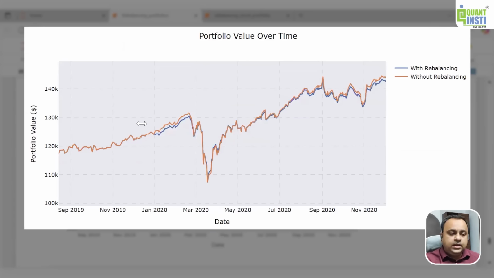Now you may be wondering, if there has been such a sharp fall, a rebalanced portfolio should have done well because we will not be so much allocated to equity. But that is not the truth. The truth is that during that period of time, all asset classes became highly correlated to each other and even bonds fell significantly, which is why both our rebalanced and non-rebalanced portfolios are showing us a significant fall.